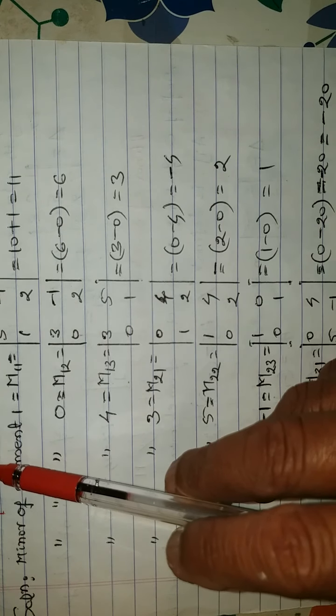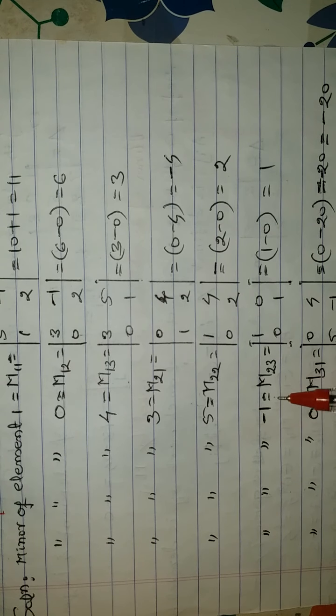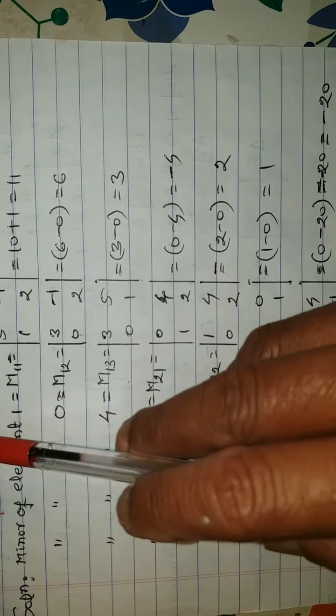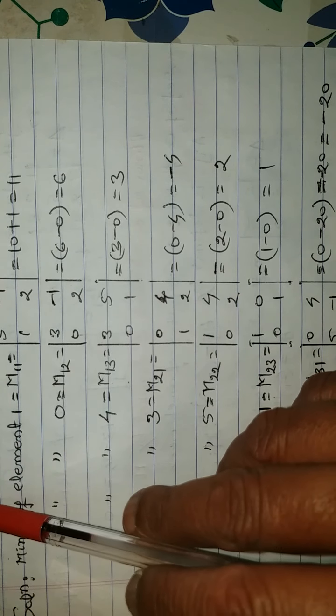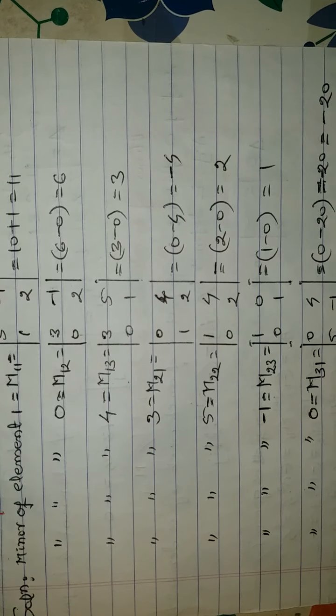Then minor of A23, the element minus 1, which is in the A23 position, is given by M23. You leave this row, this column, which gives the second order determinant 1, 0, 0, 1. Cross multiply, you will get the value 1.